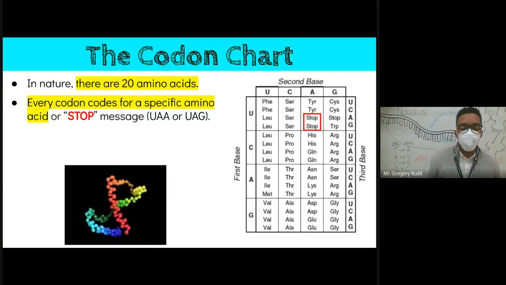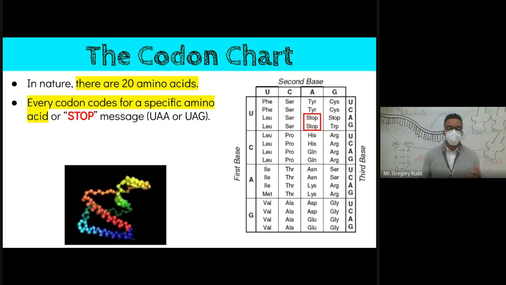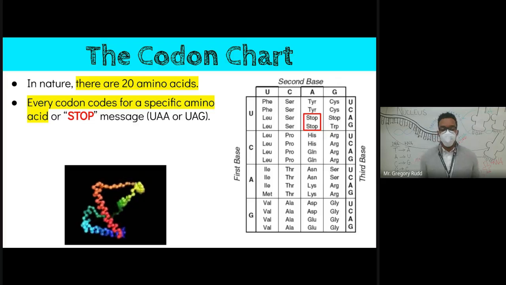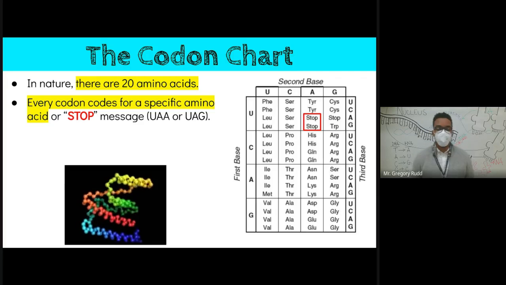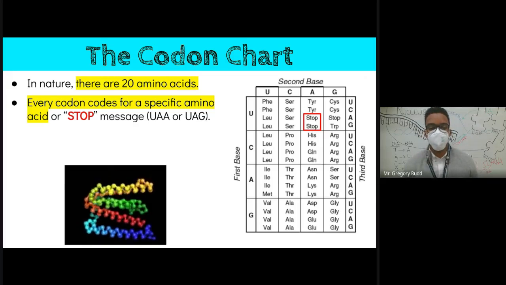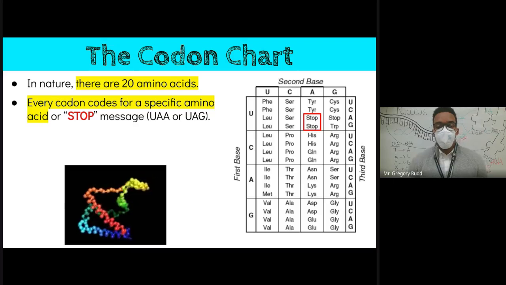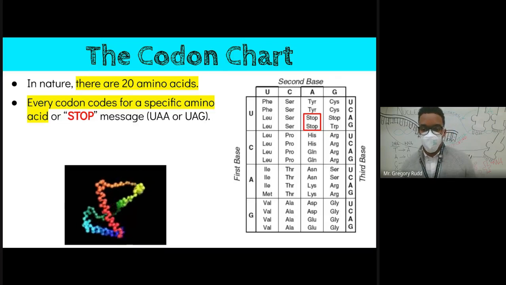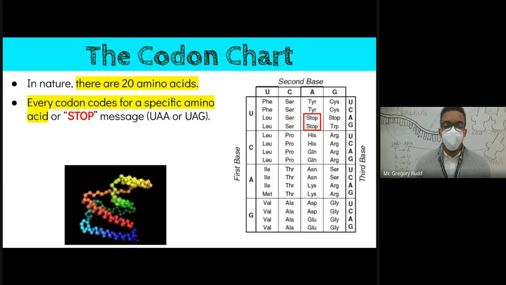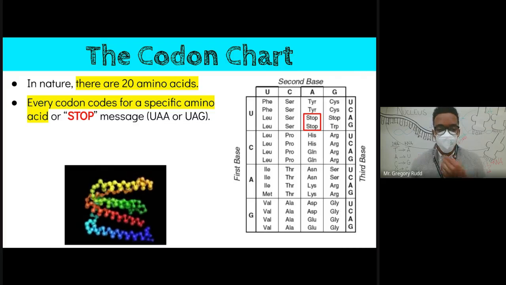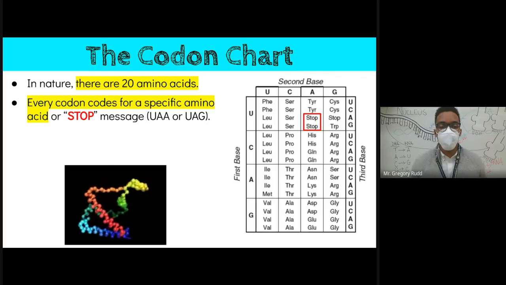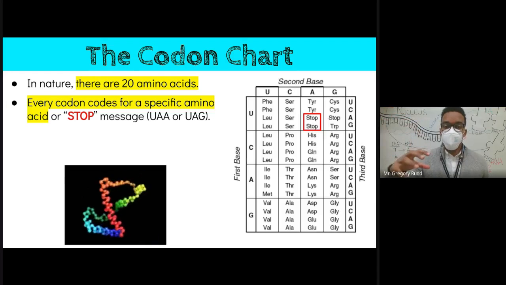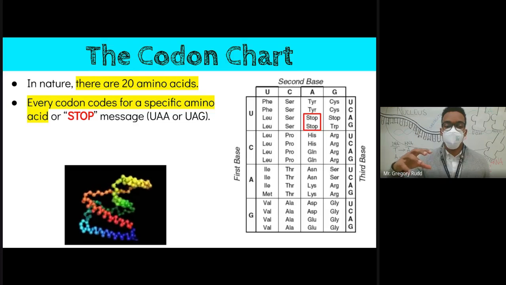And so when we combine them in different combinations, we end up with proteins that can do different things. As the ribosome reads those groups of 3 bases, aka a codon, each one of the codons is going to tell the ribosome, hey, I need this amino acid to come next in the order.